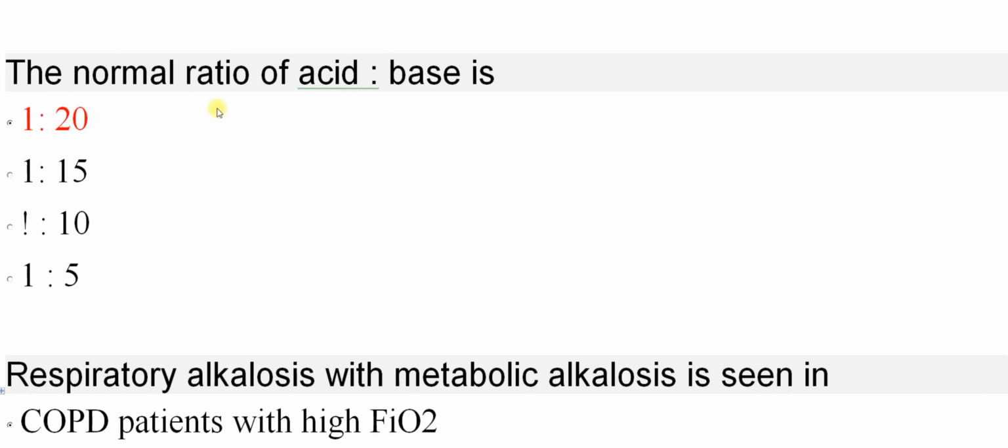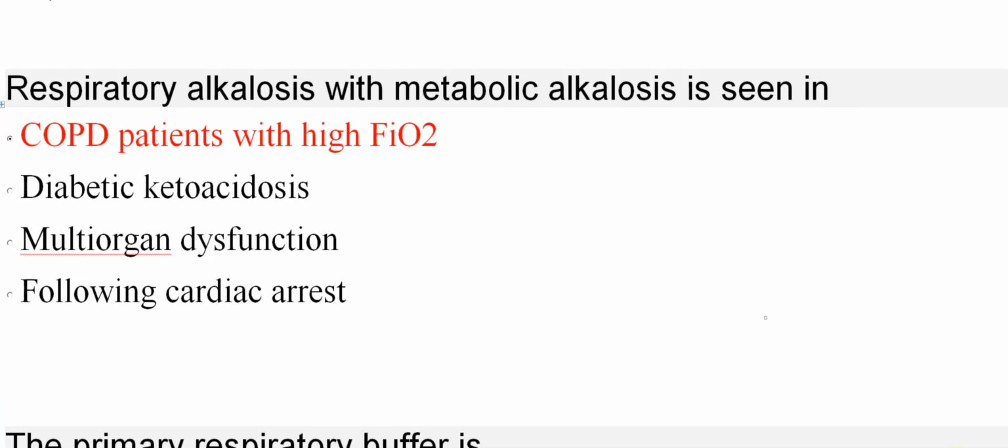The normal ratio of acid to base is, answer is 1:20. Respiratory alkalosis with metabolic alkalosis is seen in, answer is COPD patients with a high FiO2.